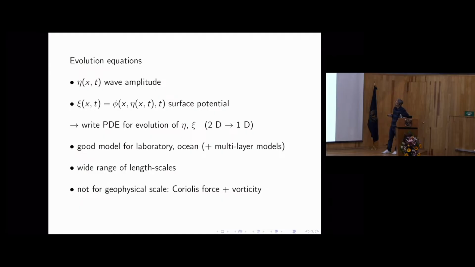And as you can see, if we are in 2 dimensions, as we stick to 2 dimensions for this talk, but this can be done for 3 dimensions, we have quantities that have 1 fewer spatial dimension. So this is considered an advantage. It's certainly an advantage from a PDE setting, to have 1 dimension less.